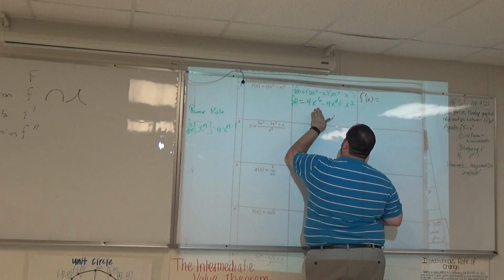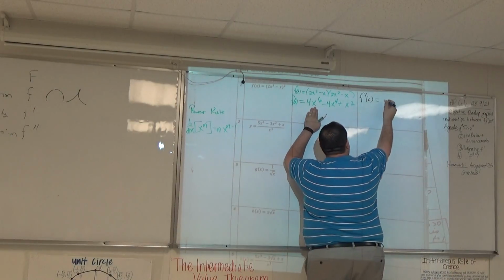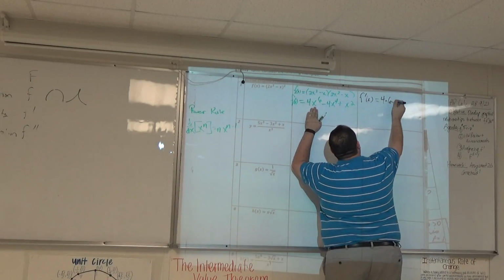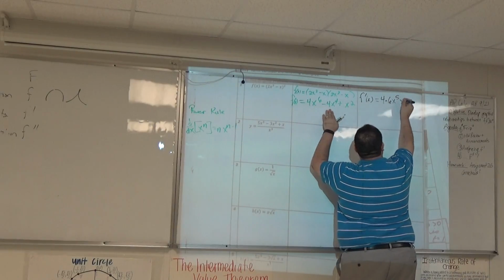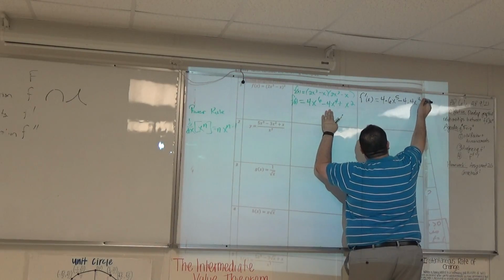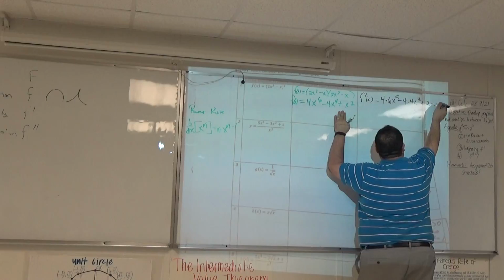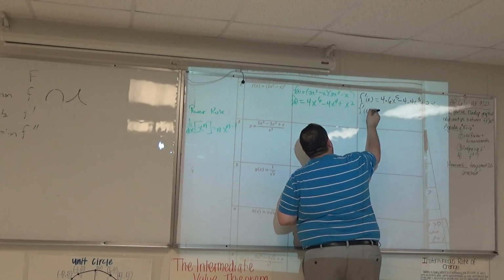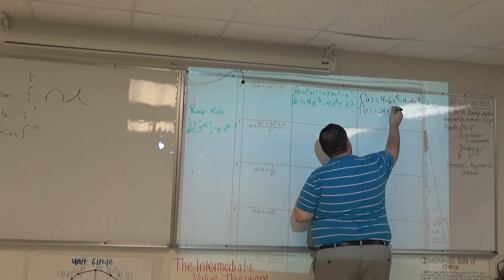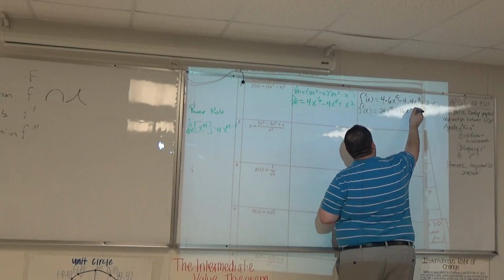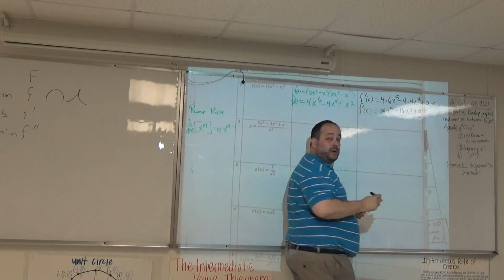If f of x is 4x to the 6th, the derivative is 4 times 6x to the 5th, minus 4 times 4x cubed, plus 2x. Hopefully everybody's got 24x to the 5th minus 16x cubed plus 2x.